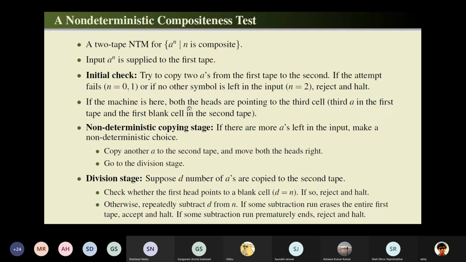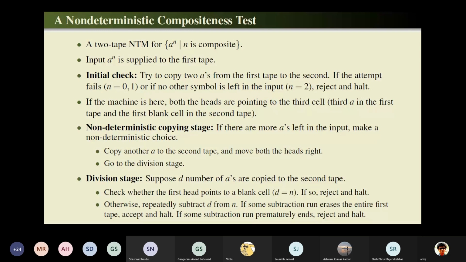So what is the non-determinism here? It is basically guessing a potential divisor d of n. Okay. And if n is composite, it has a potential divisor. It has a divisor in the range 2 to n minus 1. And some non-deterministic guess will eventually find this d. Then it will make the division of n by d.